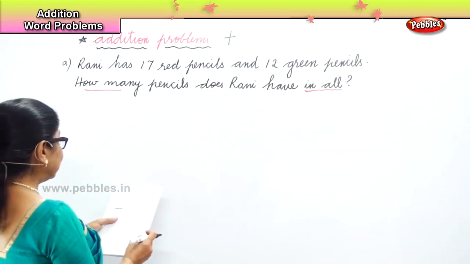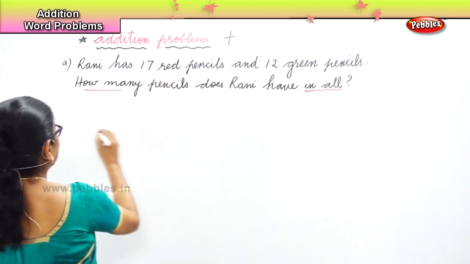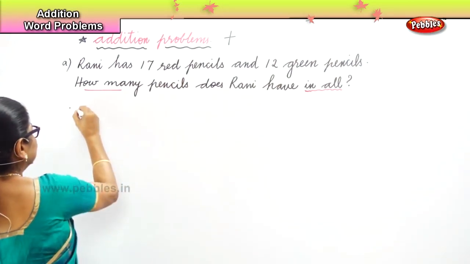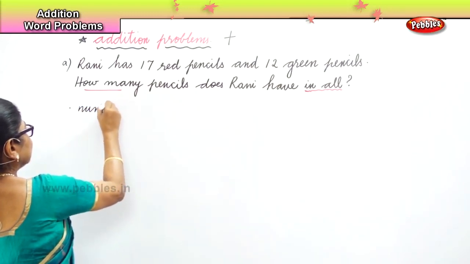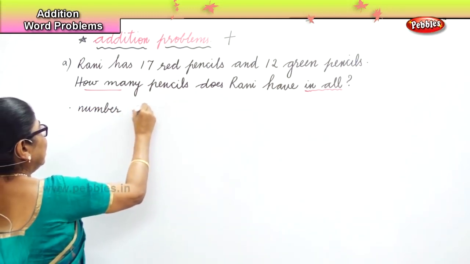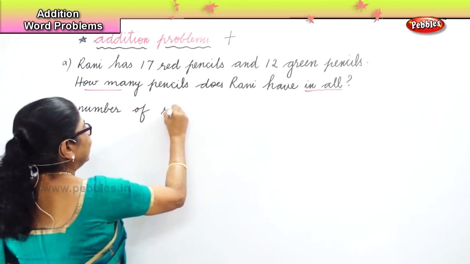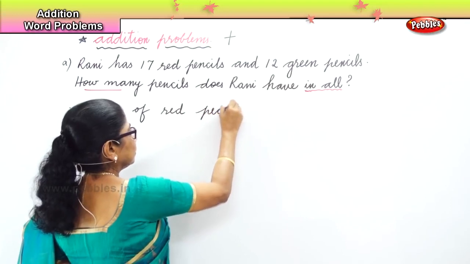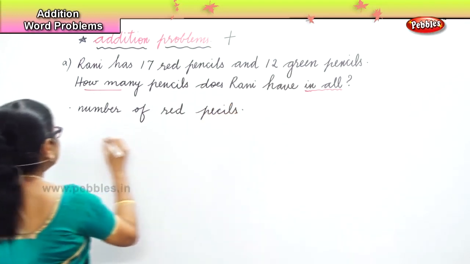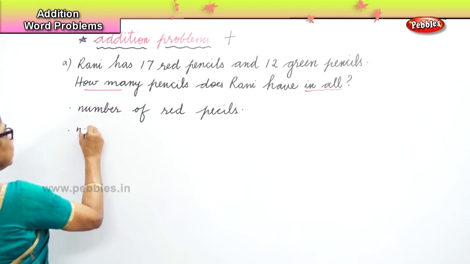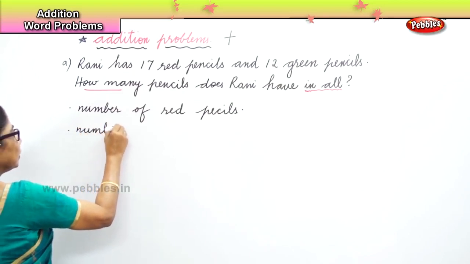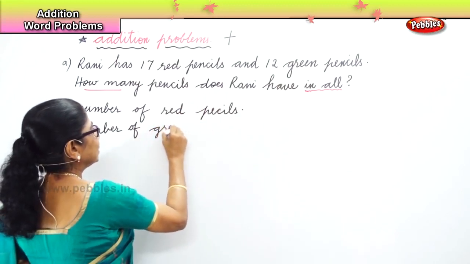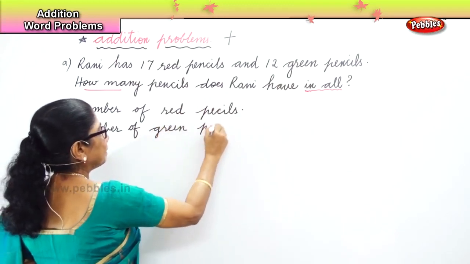The first is number of red pencils. Next, number of green pencils.